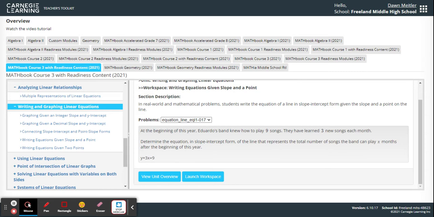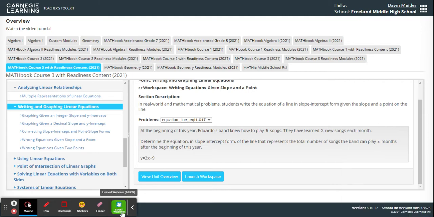Then the next step is I want it to add a number to both sides. I want it to add 9 to both sides, and it will help us get to our final equation. Okay, so I wanted to show that to you so that you would be able to use that tool easier.